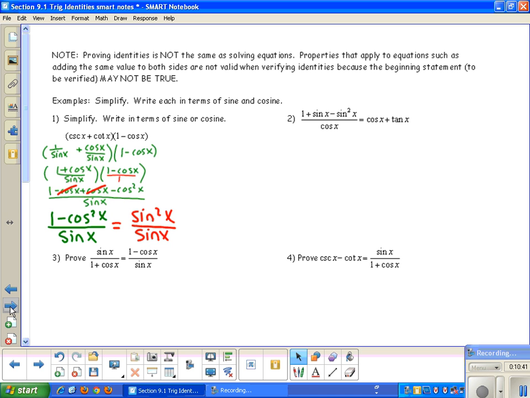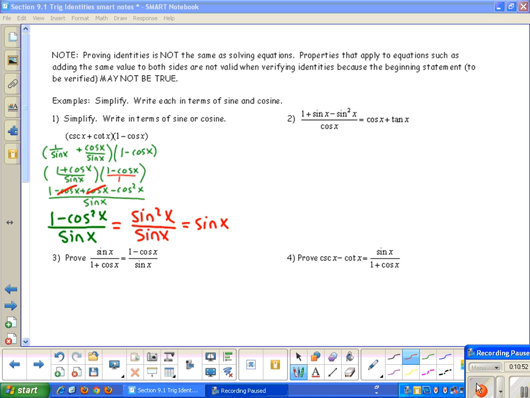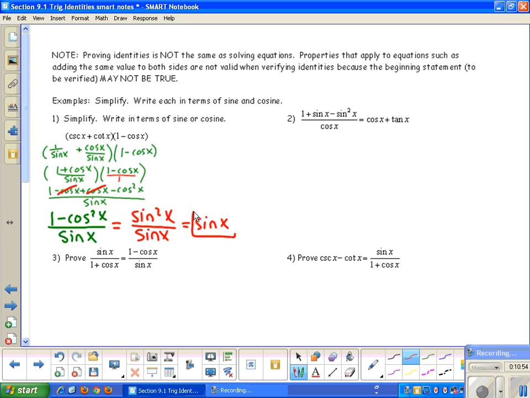This allows me to get it into one term, which is what we wanted, and sine squared x over sine x is just equal to sine of x. And then that would be my simplified answer. So again, we got it down to one term and we got it down to sine.